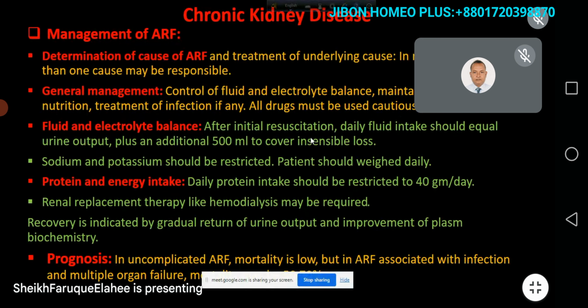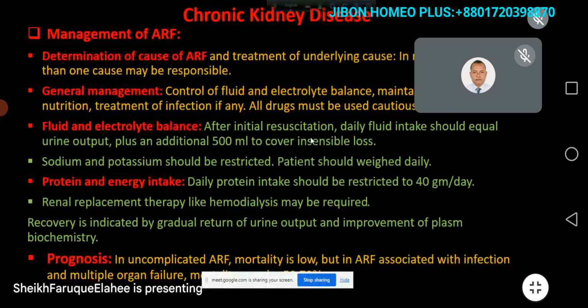How? You will have to put a condom catheter if a male, and for a female a self-retaining catheter, to collect his 24 hours urine, because unless you collect the urine, you don't know how much he is losing.